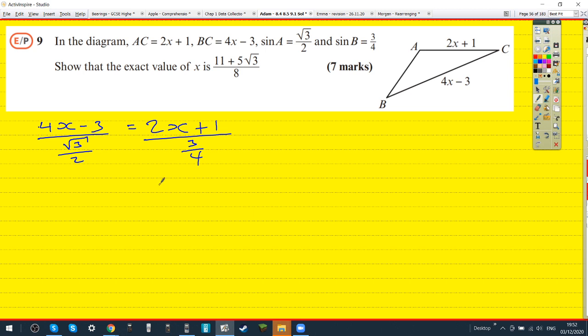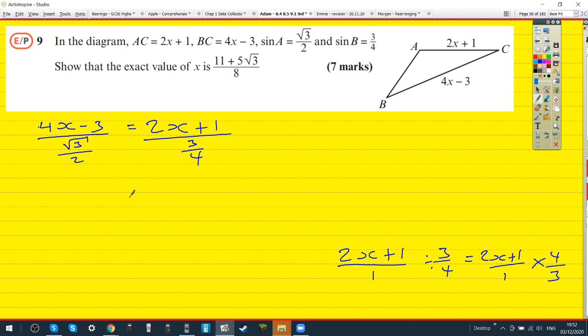You can do keep change flip. So 2x plus 1 is the same as 2x plus 1 divided by 1. Over is the same as divided by. And so that can be rewritten, using keep change flip like that.